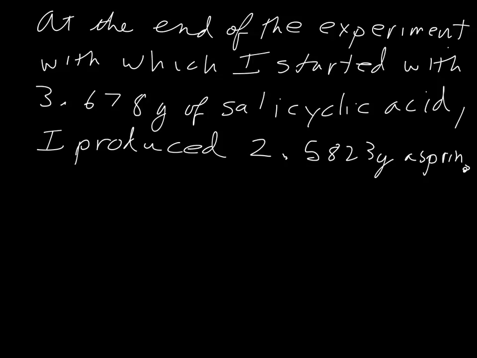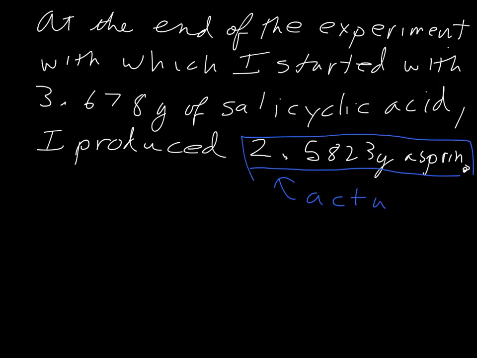In other words, when I actually performed the experiment in the lab, this is what I actually produced. This quantity that I actually produced is referred to as my actual yield. And your actual yield is what you actually get in the lab, right?